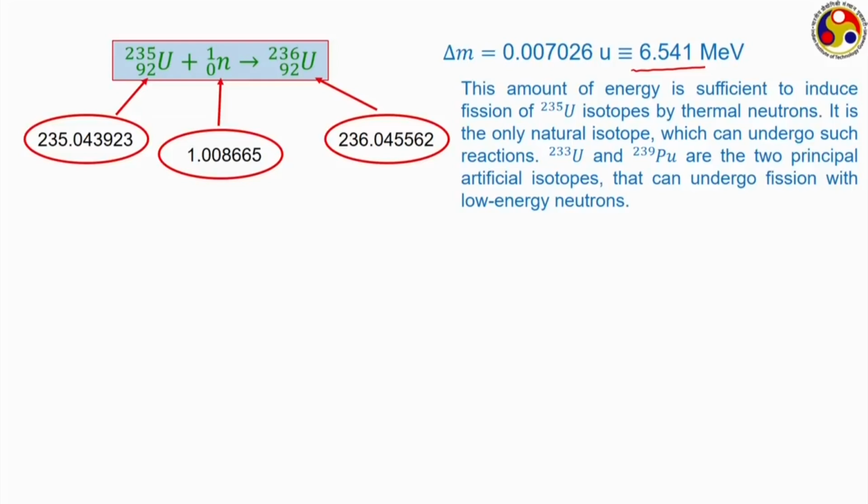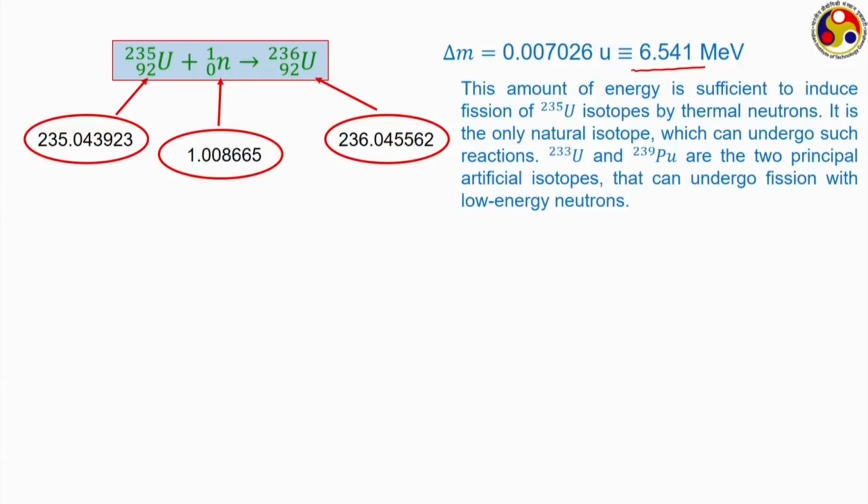If you remember, in module 1, I gave some percentages of these isotopes present in nature. While uranium is present in a good quantity, uranium-235 is only about 0.7% of natural uranium ore. Therefore, it is present in a very small quantity, and it is the only isotope that can go through a fission reaction.